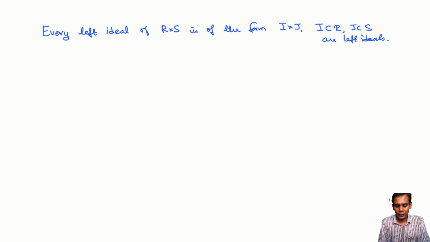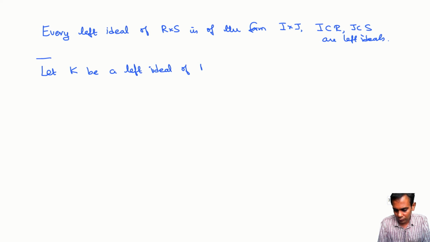So how do we prove this? Well, starting with a left ideal K in R cross S, we'll try to identify what I and J would be.